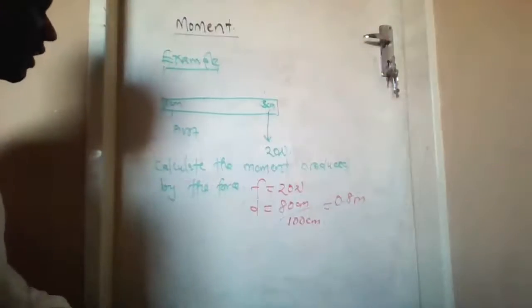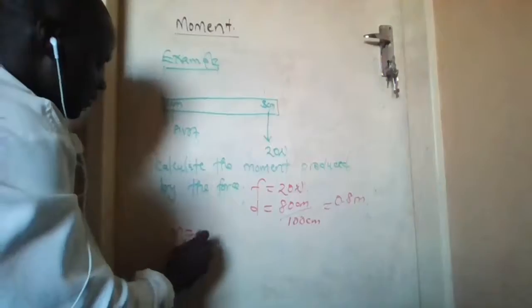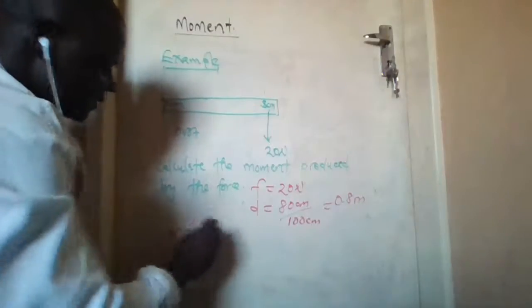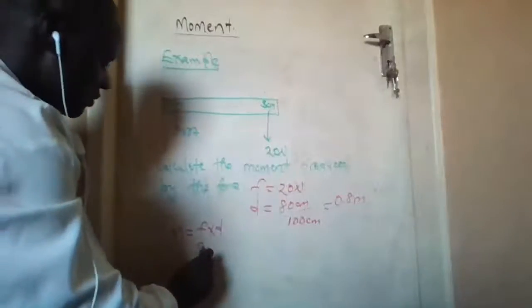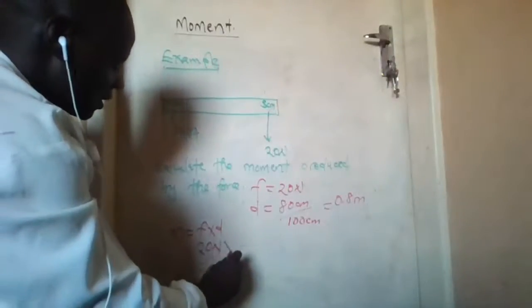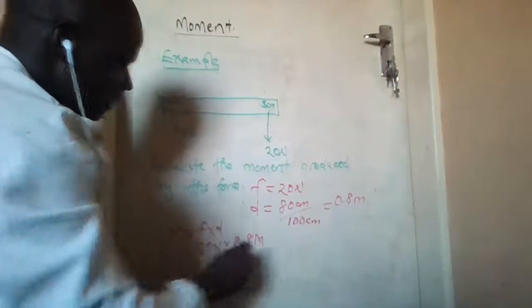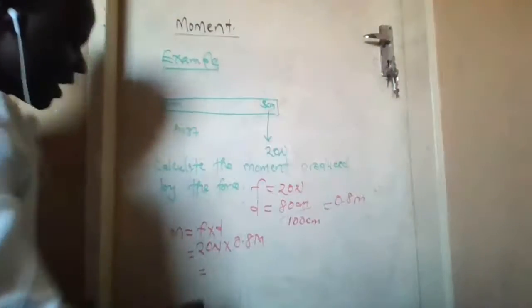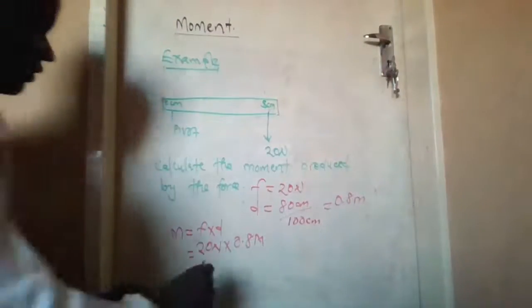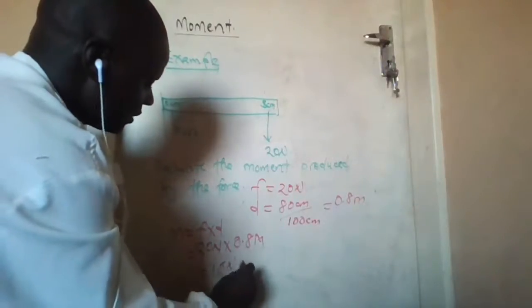Once that is attained, you say that a moment is equal to force times distance. The force applied here is 20 Newton times the distance, 0.8 meters. Once we multiply the two, 20 times 0.8, we have 16 Newton meter.